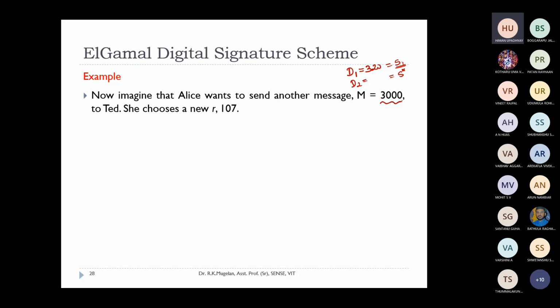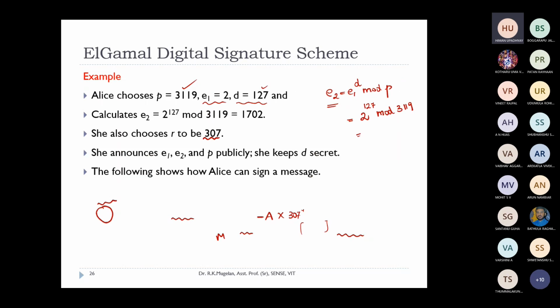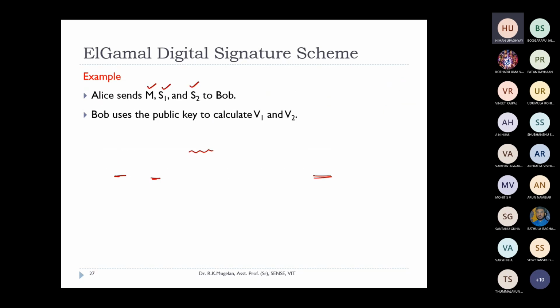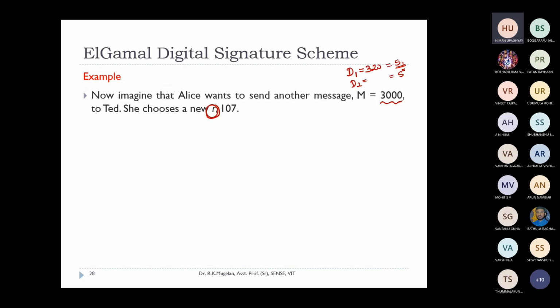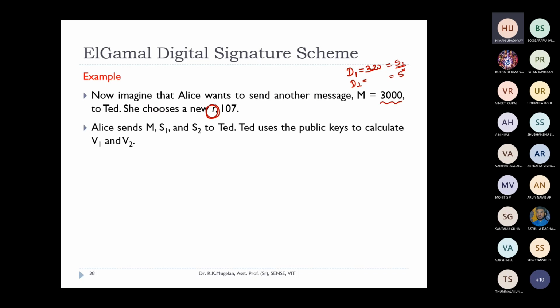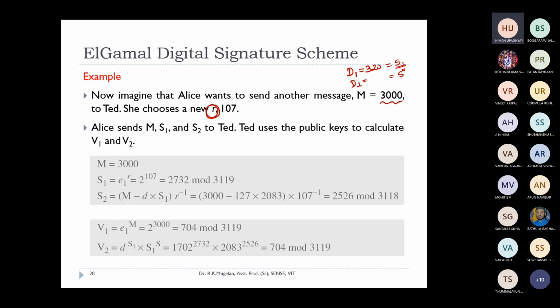No. For making another attempt of transmitting a message to the same person, Alice will only change the value of R alone. That is his personal secret alone that he will be changing. In the previous case, the secret value was chosen to be 307. In this case, he's changed 307 to 107, and he is using the same method.